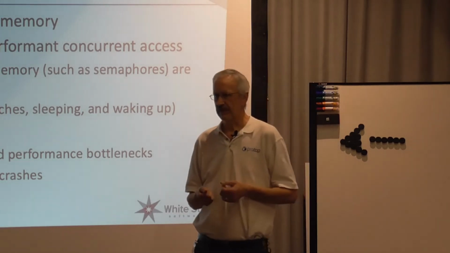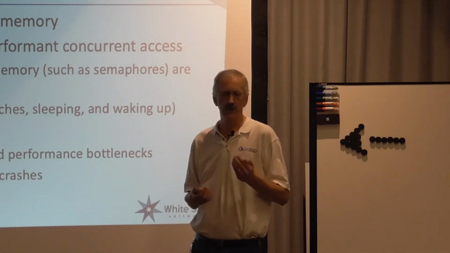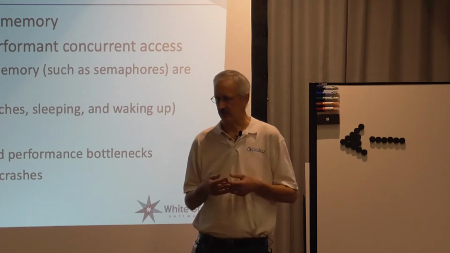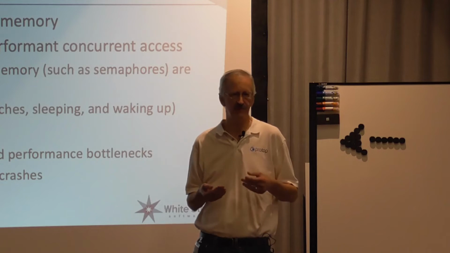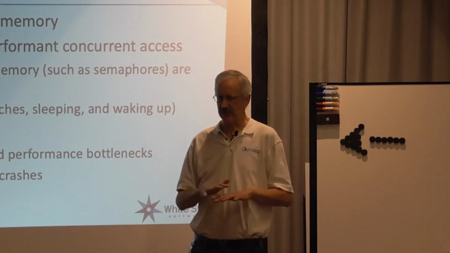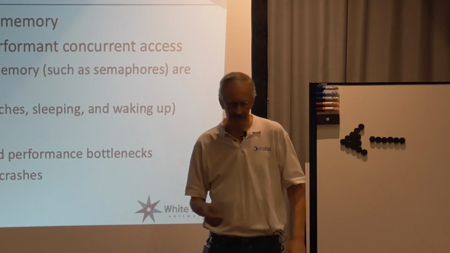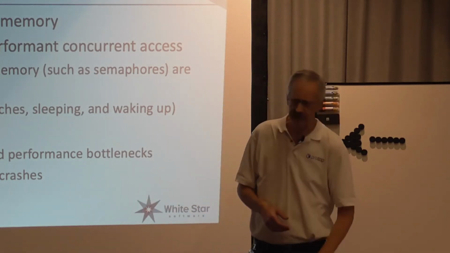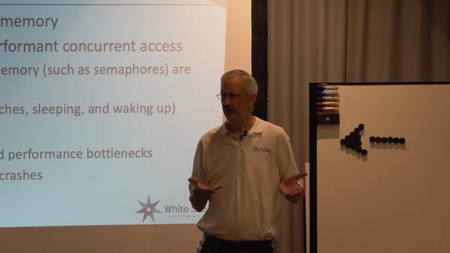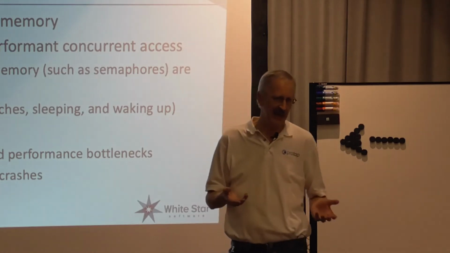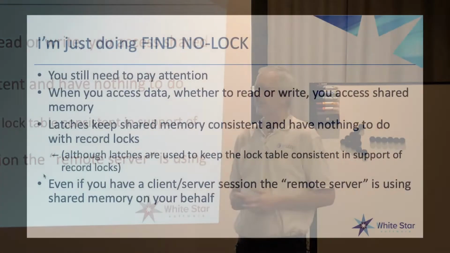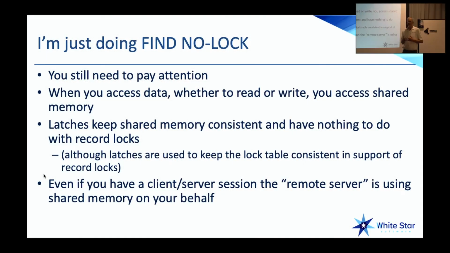Or if a user is killed while they're holding a latch, that's why the database will sometimes crash as a result, because the database doesn't have enough information to back out of that situation, and so it says, well, I'm sorry, but I have to stop. It's not really protecting you from corruption. It's just saying, I don't know how to undo this, and I can't get out of this situation, so I'm going to shut down.